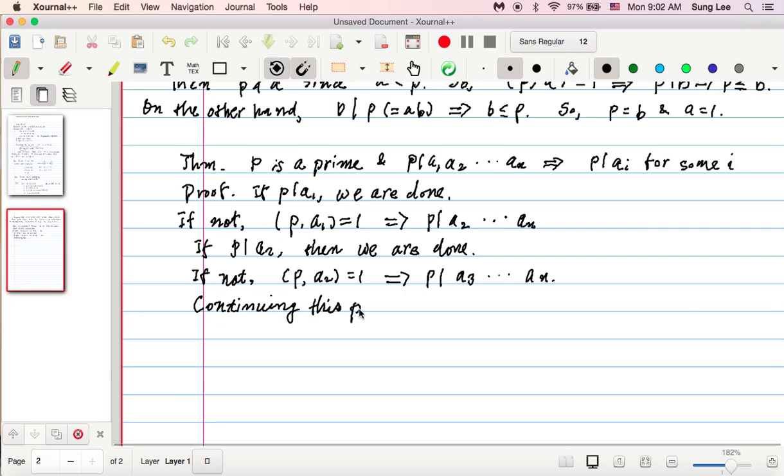Continuing this process, we must find that P must divide a sub i, at least for one i somewhere, for some i greater than or equal to 1 and less than or equal to n.